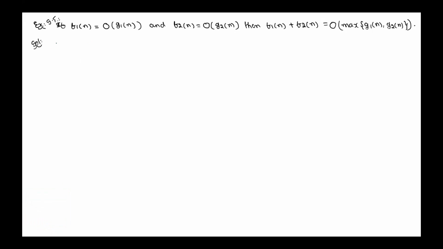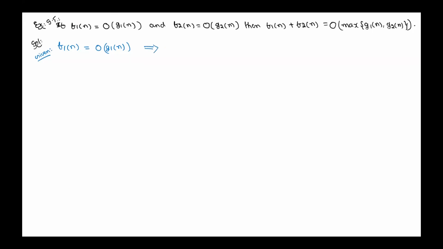Okay. So what is given here? We are given f1 of n is big O of g1 of n. What does it mean?